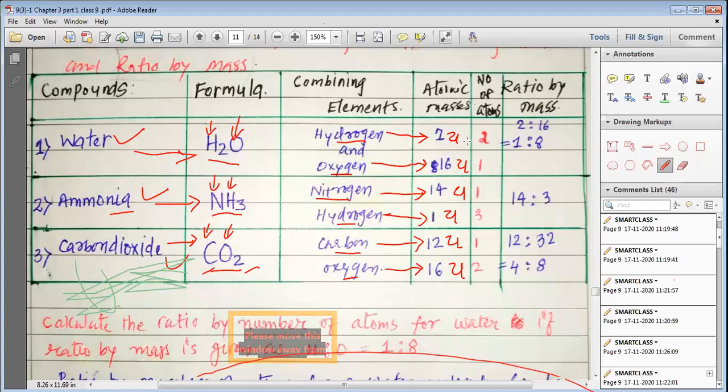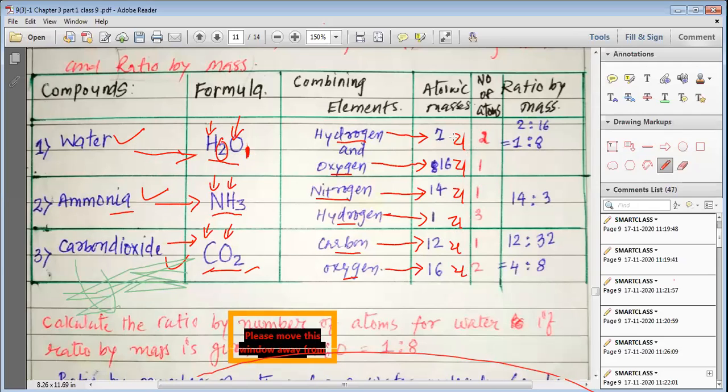Now you can see that each element has some number of atoms present. When we look at the formula, my dear students, we come to know that in water, we have two atoms of hydrogen and one atom of oxygen. But this one we do not write.